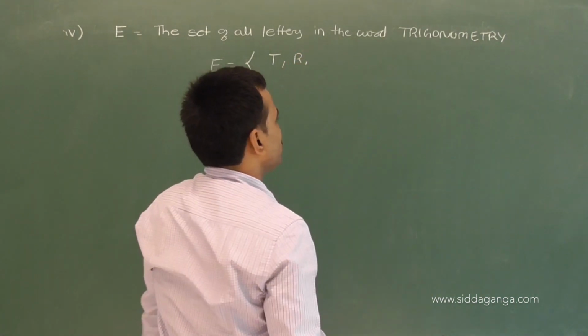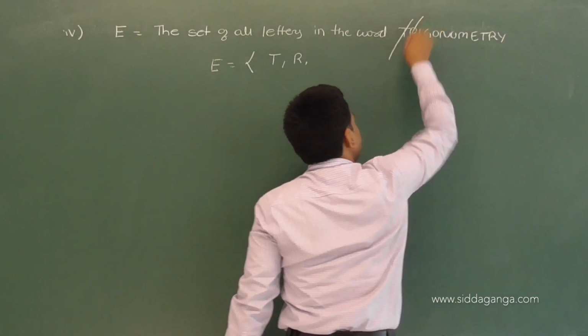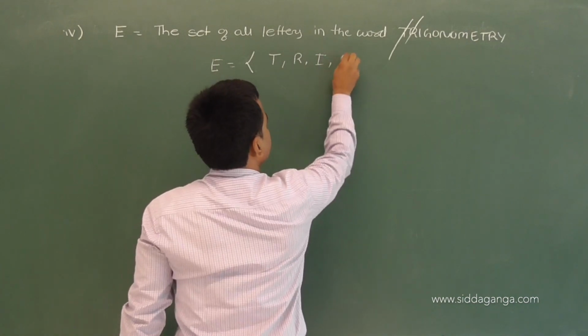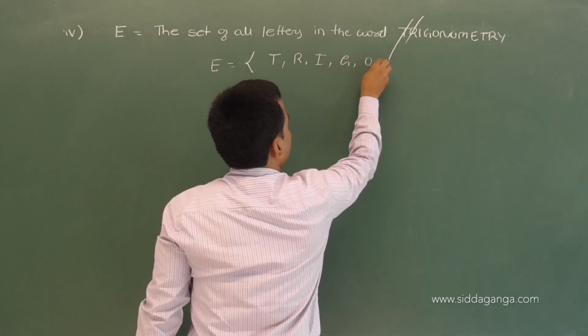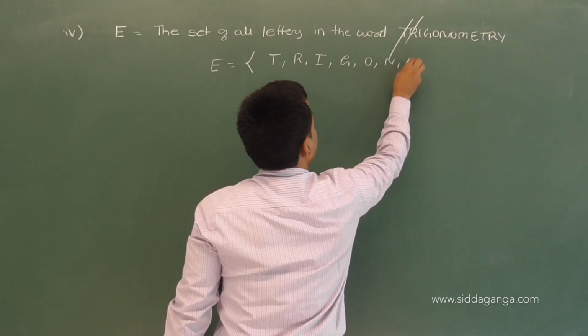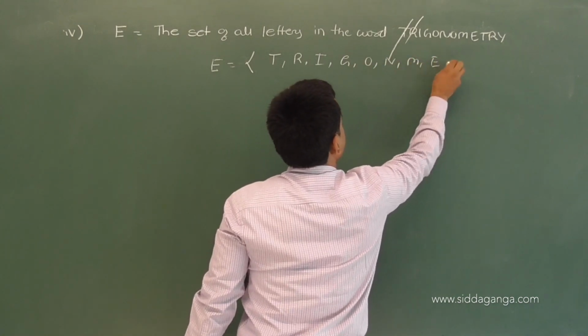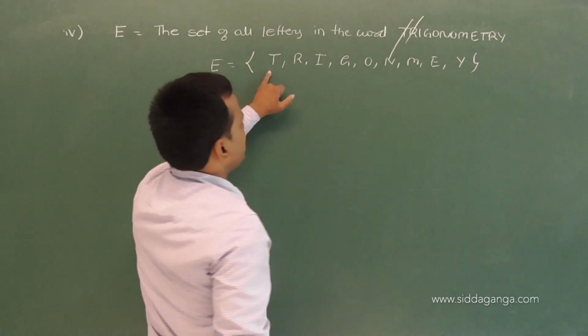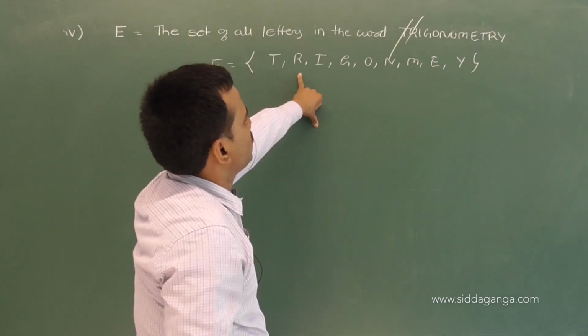T is over, R is over, I is over, G over, O over, N over, M over, E, and what is left? Y. Observe carefully, T and R are also over.